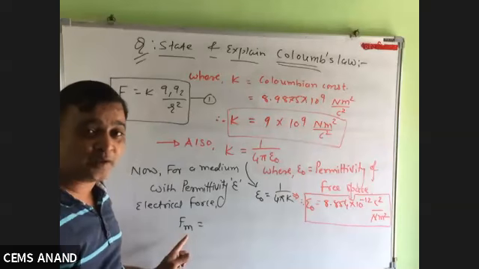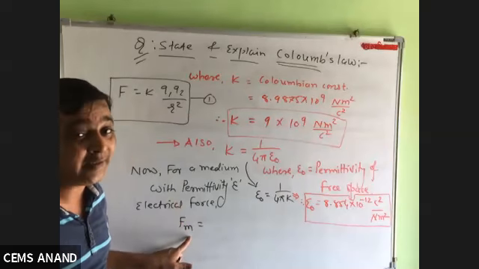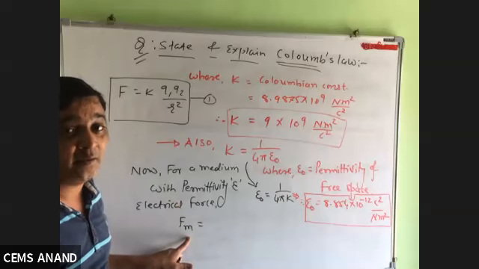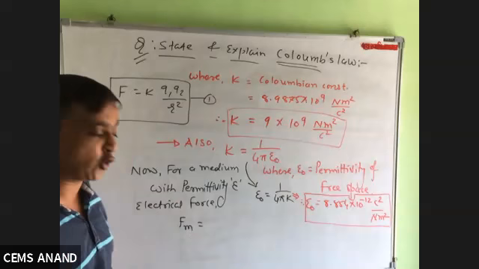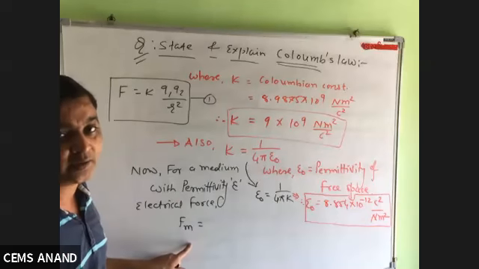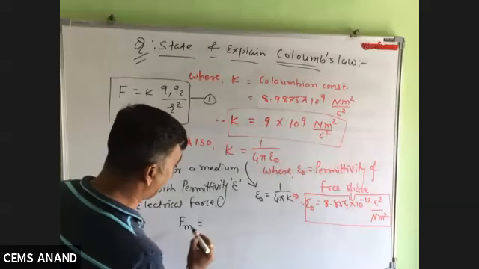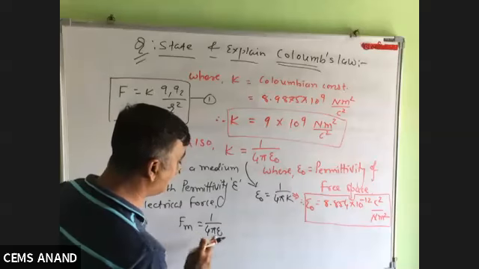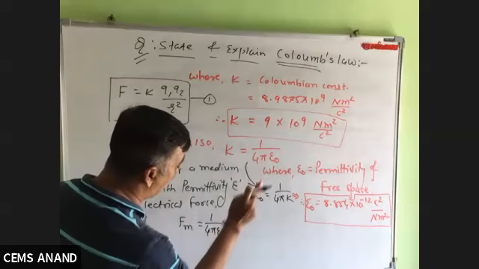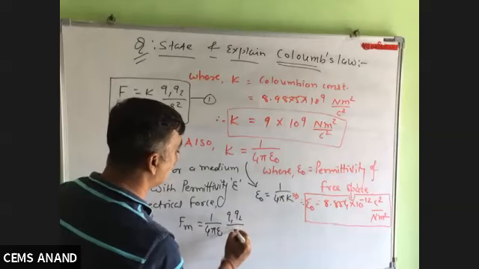The Fm shows the electrical force generated between two charges in some medium. The charges are present in some medium, so we are denoting it with Fm. So Fm equals 1 upon 4 pi epsilon, instead of epsilon 0, now we are using epsilon, Q1 Q2 upon R square.